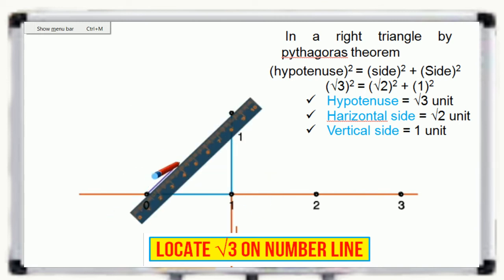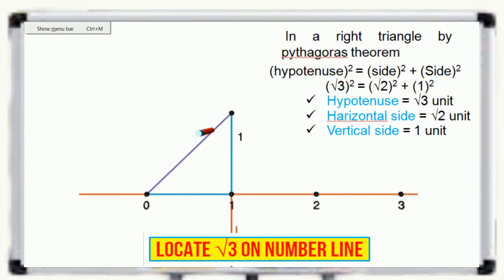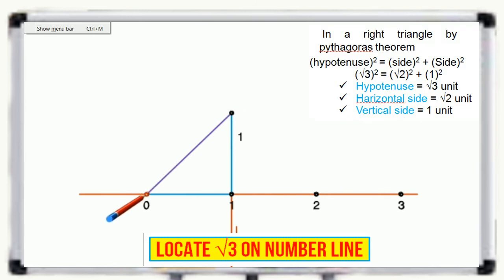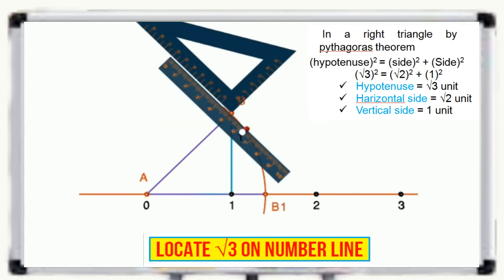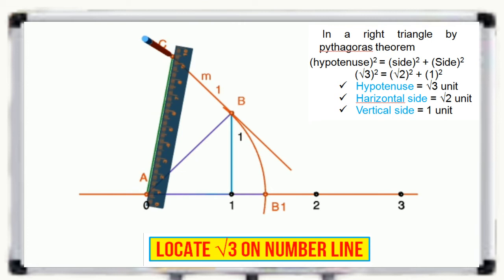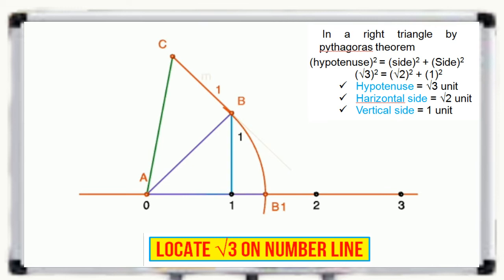Now draw the hypotenuse of square root of 2 units. So on this square root of 2, again we have to draw a vertical line. Here there is no need to draw an arc about square root of 2, but if you want, draw an arc. The green color hypotenuse is about square root of 3 units.